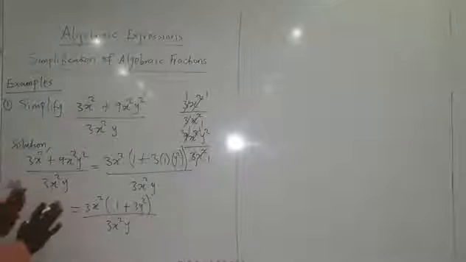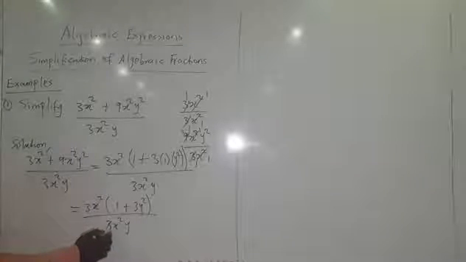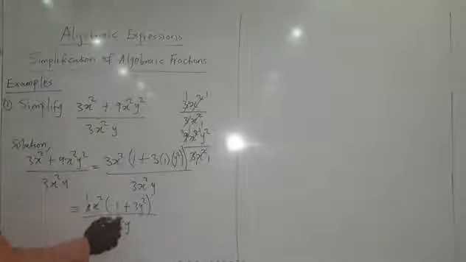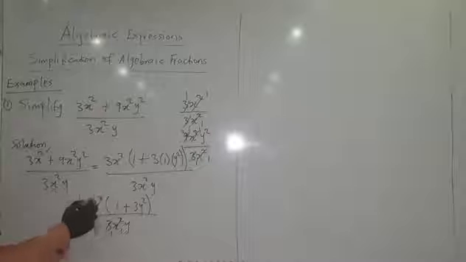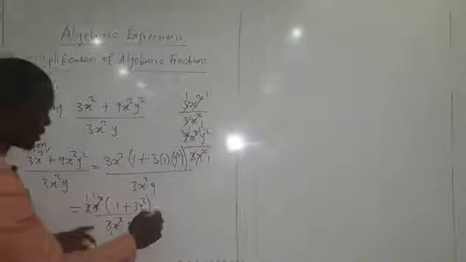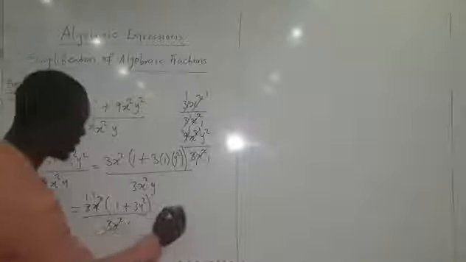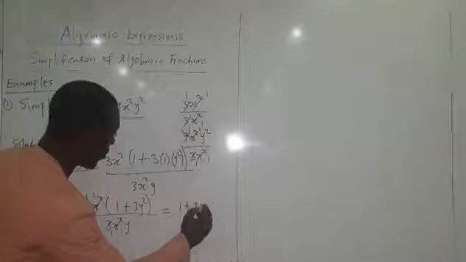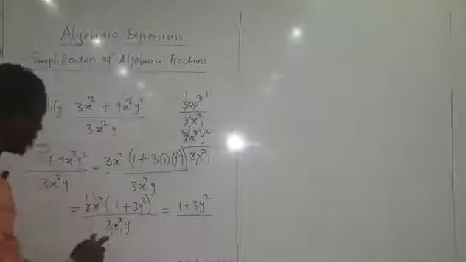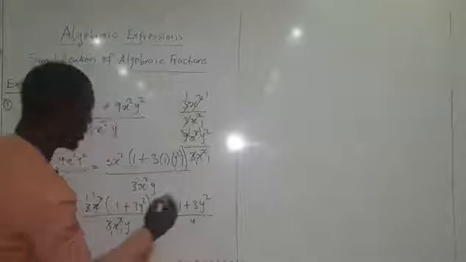So 3 in 3, 1, x squared in x squared, 1. So you are left with 1 multiplied by 1 plus 3y squared, which is 1 plus 3y squared all over 1 times y, y.